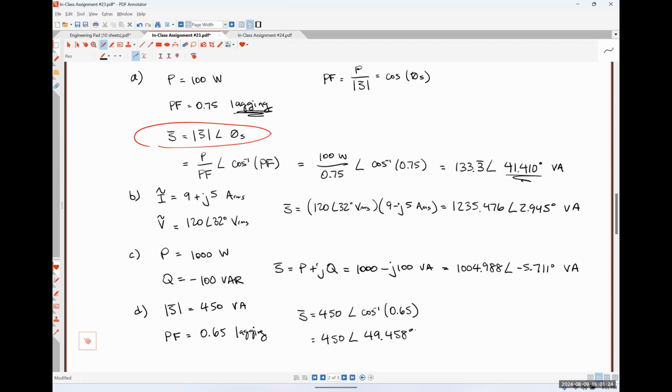What should the sign on that angle be? Positive. Why? Lagging. Exactly right. 100%. Great job. All right. Does anybody have any questions on part D here?